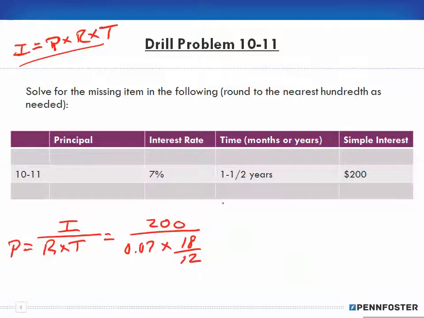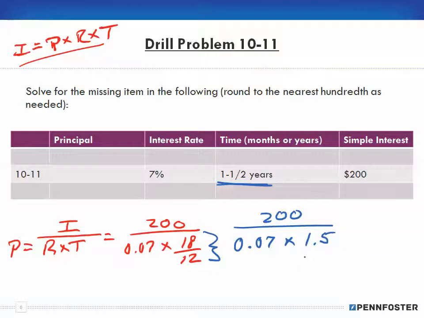However, you might be wondering, why am I converting this to 18 over 12 to keep it annually, since we already know this is 1.5? Why can't I just do it this way? I have $200 as my simple interest. Since I have an annual 0.07 for a rate, why don't I just multiply that by 1.5 for the 1.5 years? To be honest with you, yes, you can.